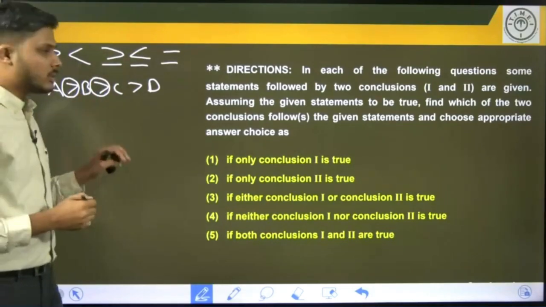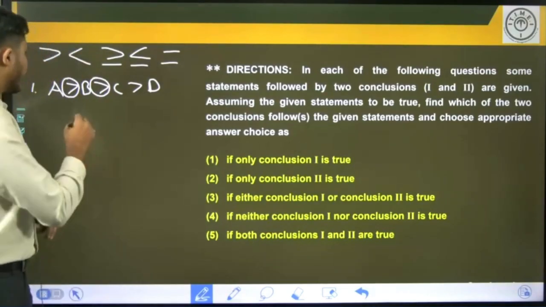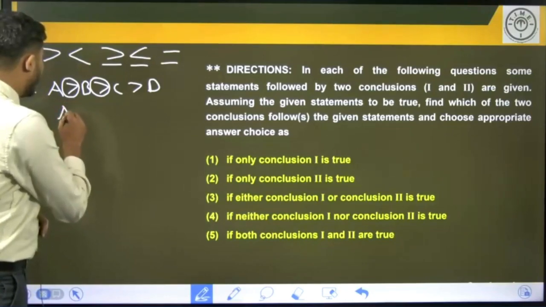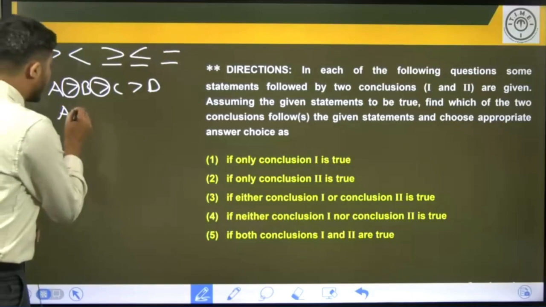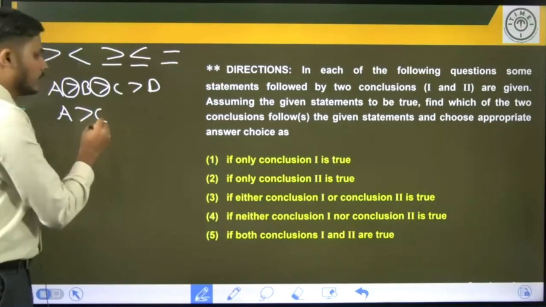So in this case, we can directly assume that the end result will also be the same symbol, which is A greater than C.